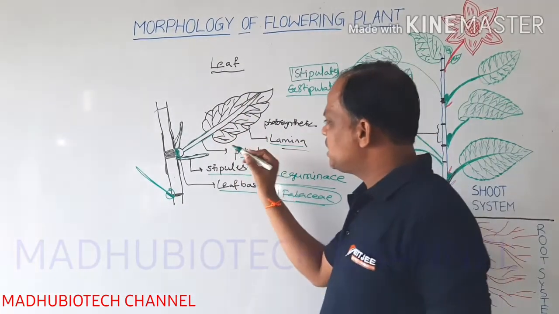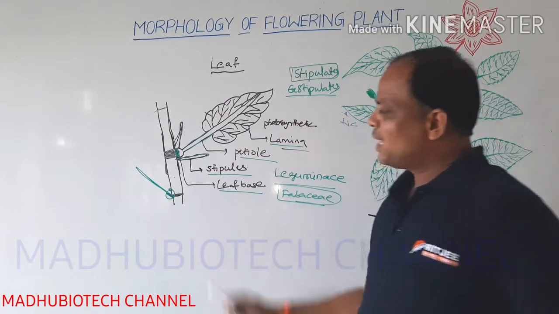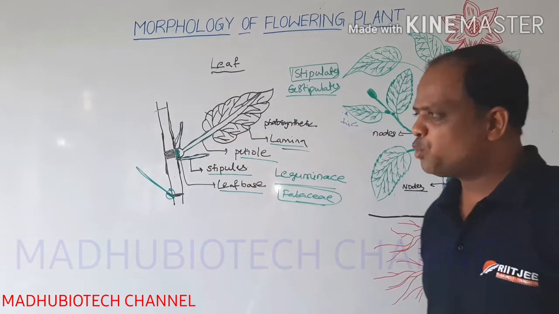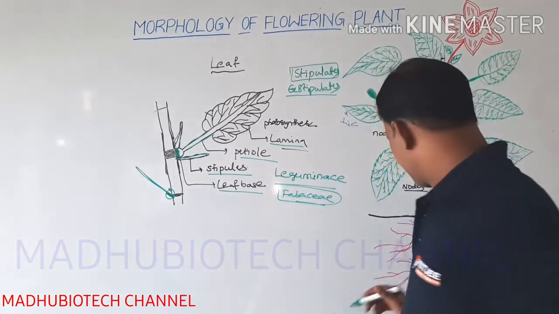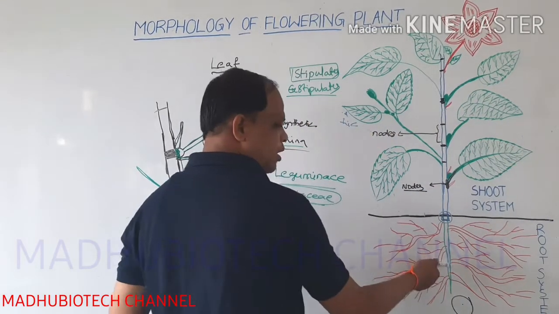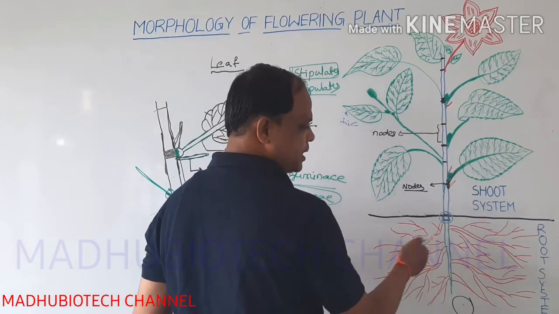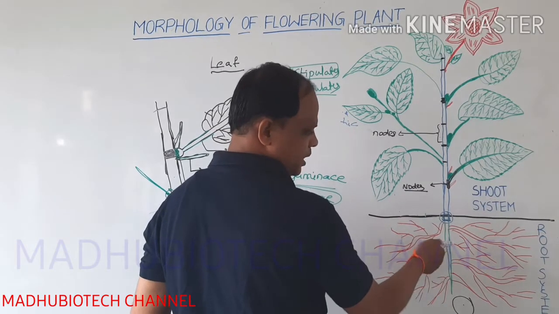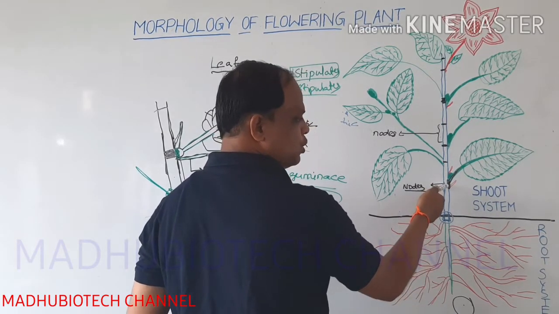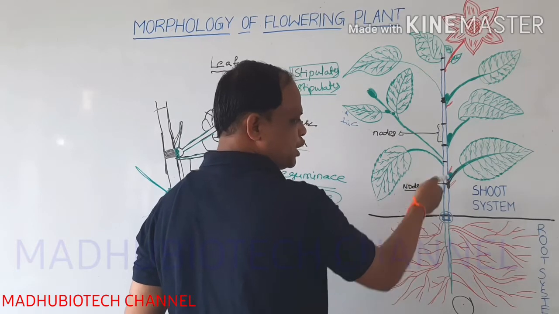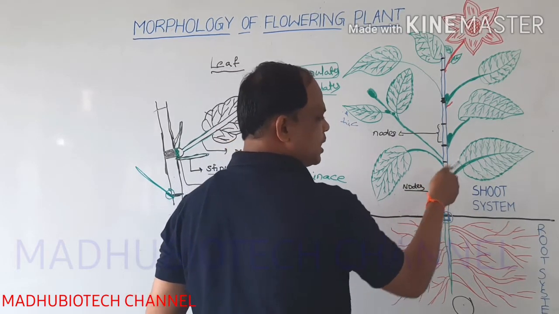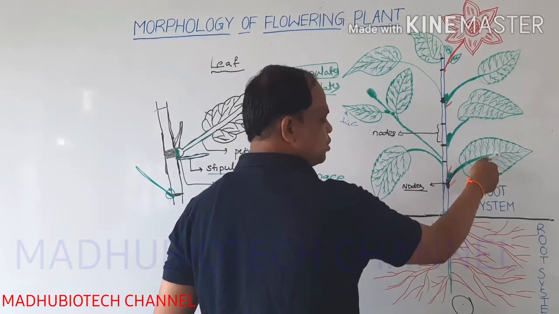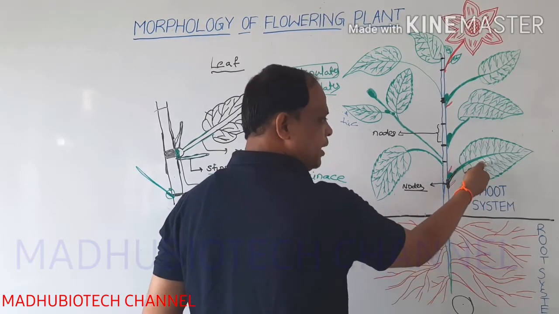Also the petiole is used for transportation. The root system absorbs water and mineral nutrients through the xylem, and through the petiole the water and minerals are transported from stem to leaf.